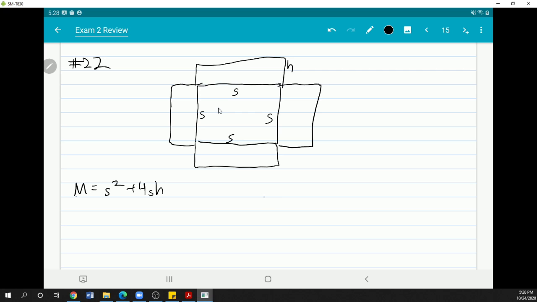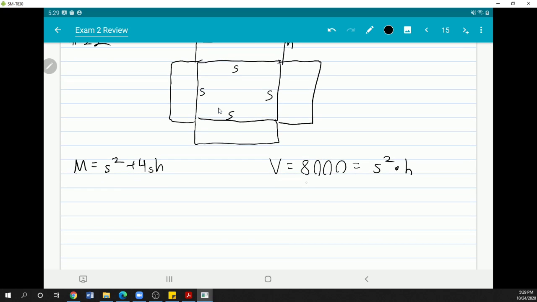Then I know the volume is 8,000, which is equal to s squared times h. So I can solve this equation for h and look to have it in terms of s squared.